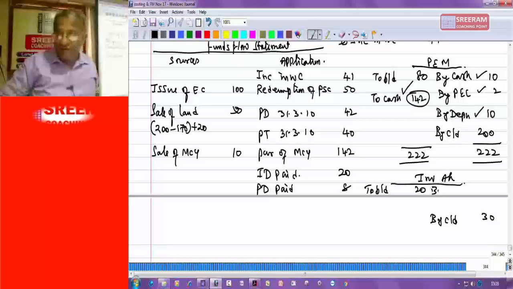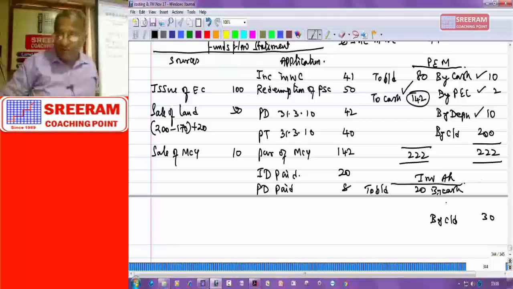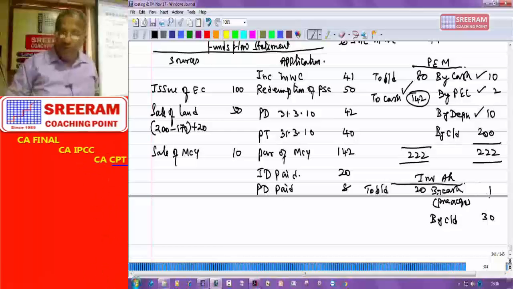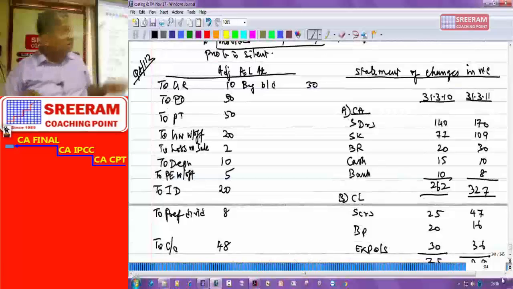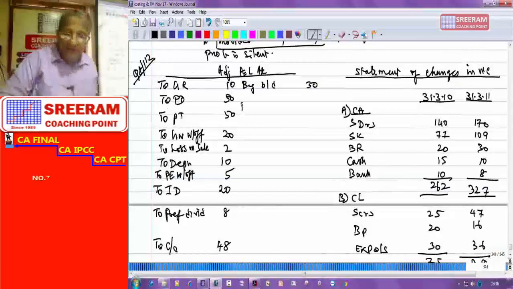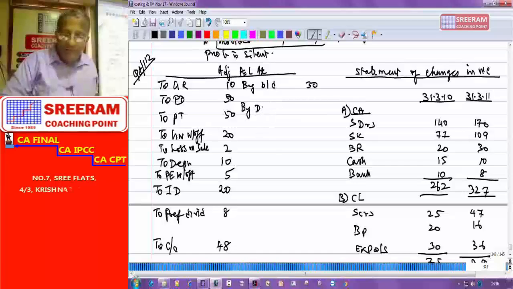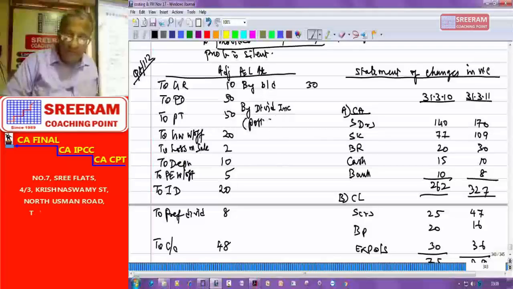By cash, pre-acquisition dividend: how much? 1,000. But they have told that they received 3,000 totally. By dividend income, post-acquisition: how much is that? 2,000.